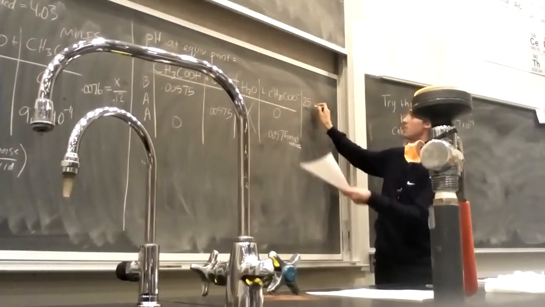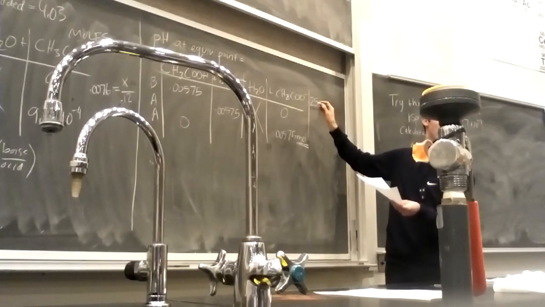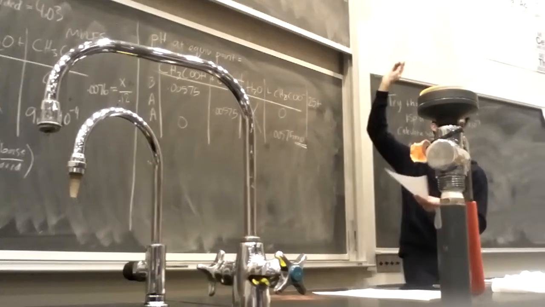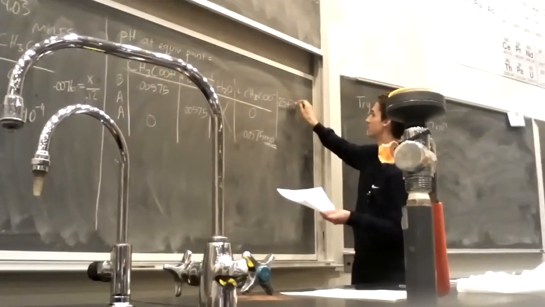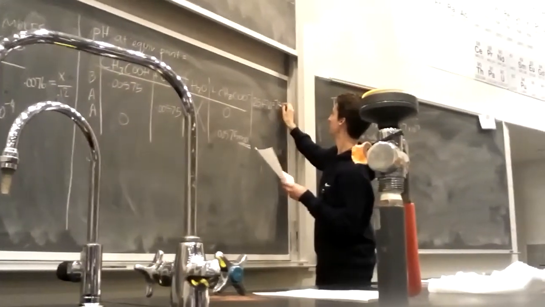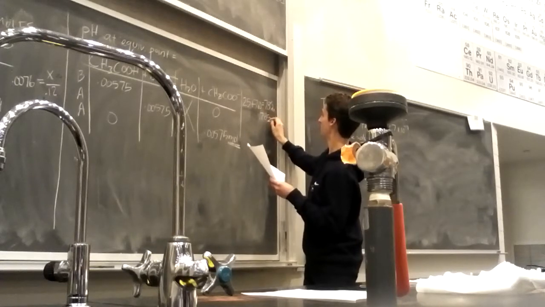I'm just calculating my total volume here. 25, and how many did I add? You added 0.76 liters, so 760 milliliters. And that equals 785 milliliters, which is 0.785 liters.